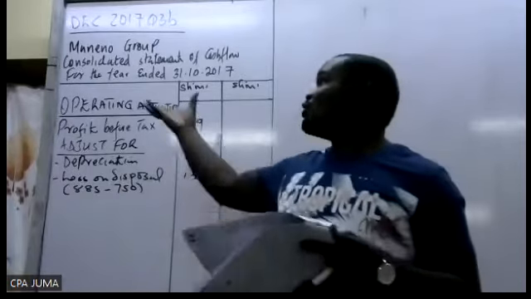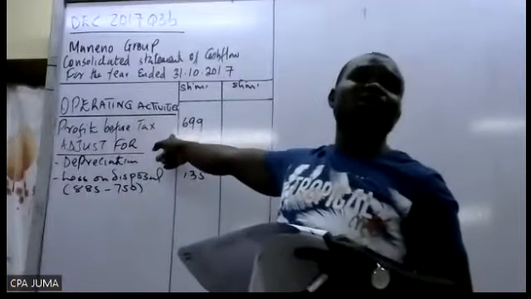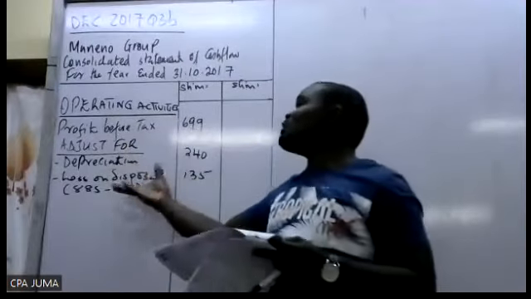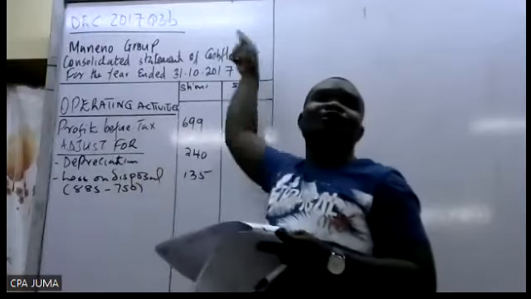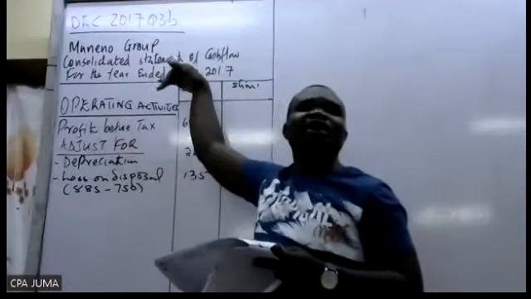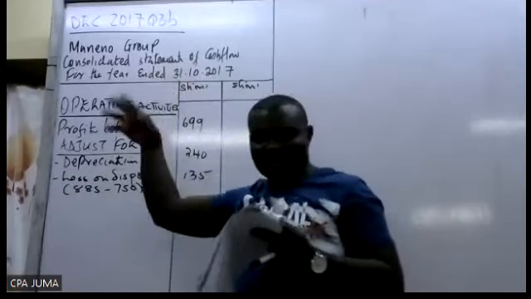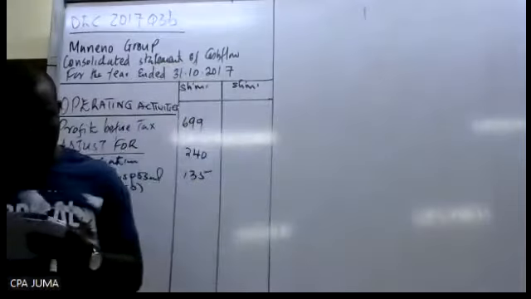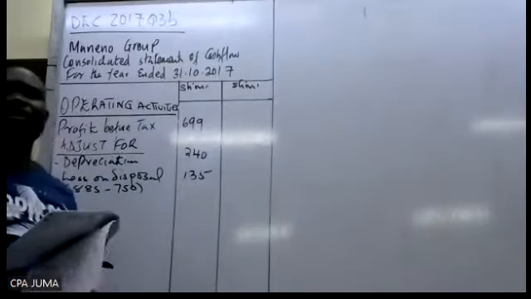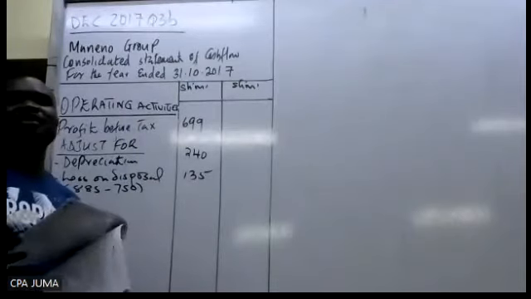Loss on disposal, they have captured it because it is affecting the profit. The loss on disposal is classified in cost of sales. So it means before PBT, they had already subtracted that loss. And loss is not an operating expense. So you add back. Number 3. So if it was recognized in cost of sales, it means it was recognized as an expense.